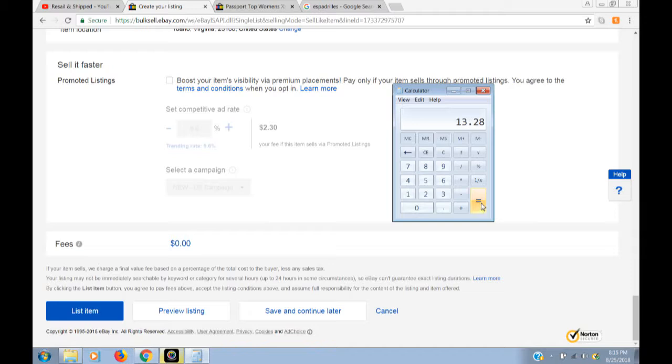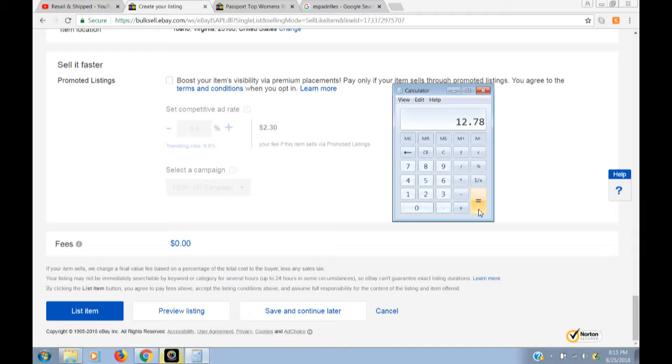Say that's an additional 50 cents in materials. So about $12.78, which isn't too bad as long as they are exactly how you listed them, and you don't have to pay for them to come back if they weren't as described.